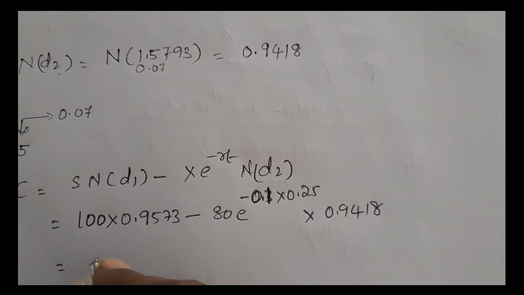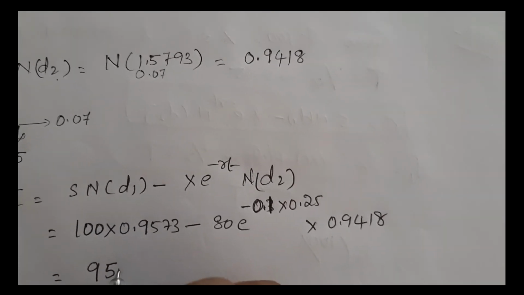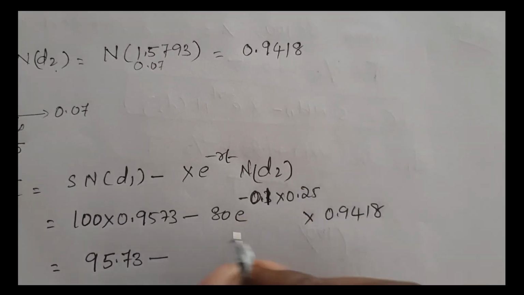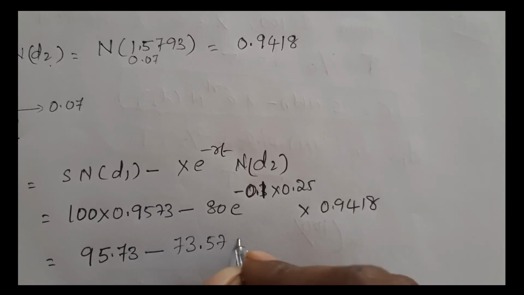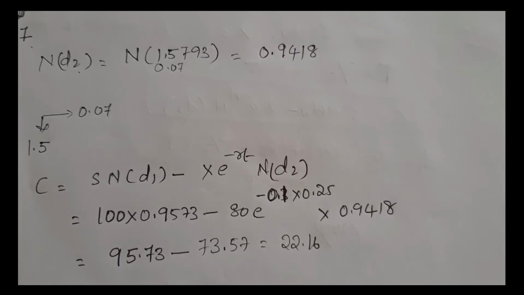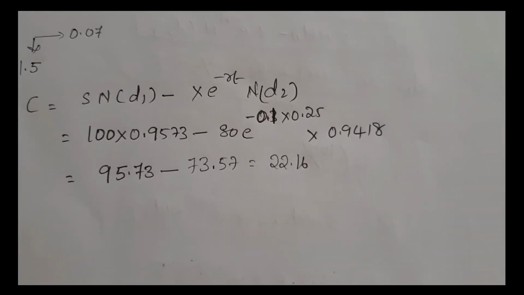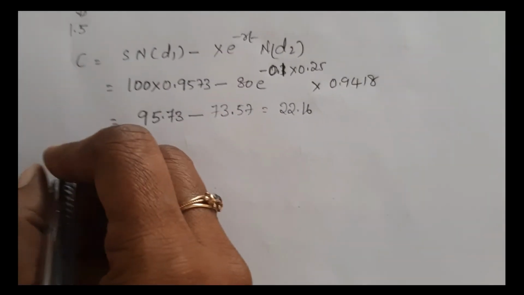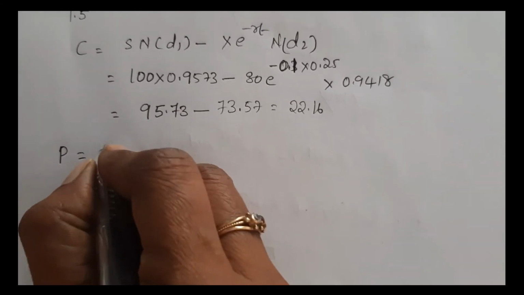Then if we solve, this part will become 95.73 minus this entire part will become 73.59. Then the value of the call option price will be 22.16.